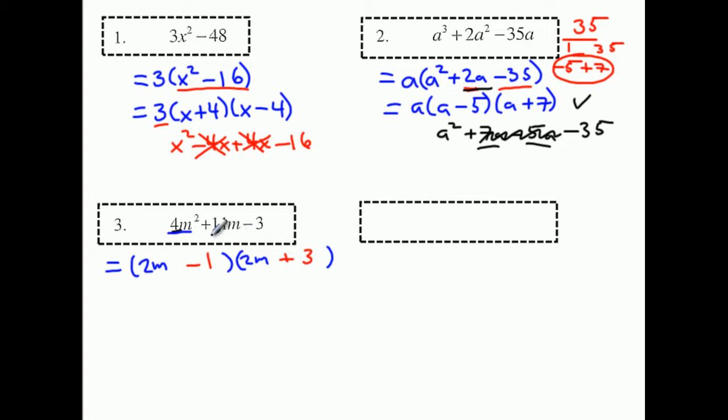Sorry, positive 4, which doesn't equal 11. So this choice is no good. So that was a bad choice. Let's try another. We could do negative 1 and positive 3. Just did that one.